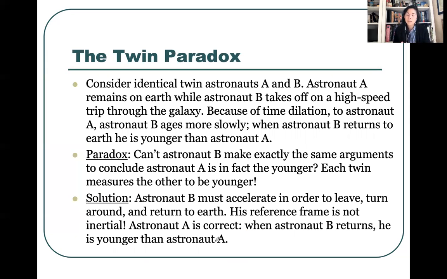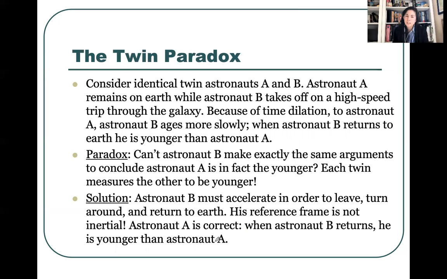Due to time dilation, to astronaut A, astronaut B is going to age more slowly. So when astronaut B returns to Earth, B is going to be younger than astronaut A. The paradox is that astronaut B can make exactly the same argument to conclude that astronaut A is in fact younger, because B is moving with respect to A with the same relative speed.